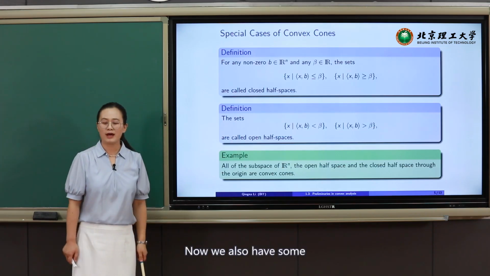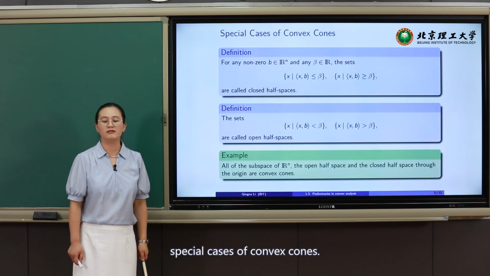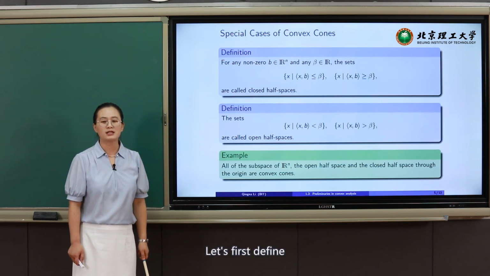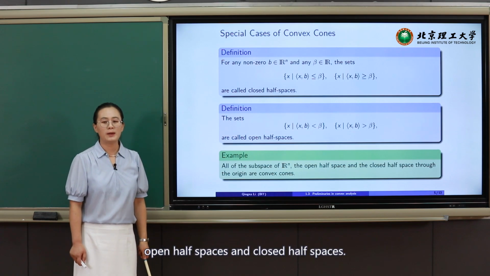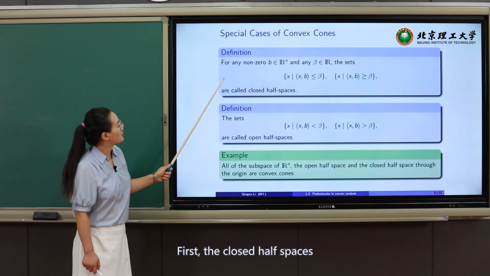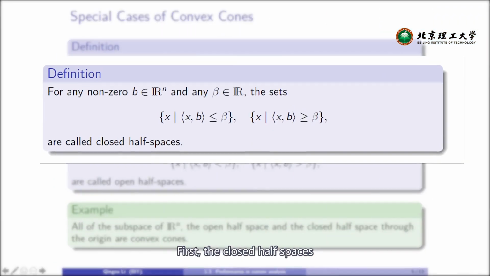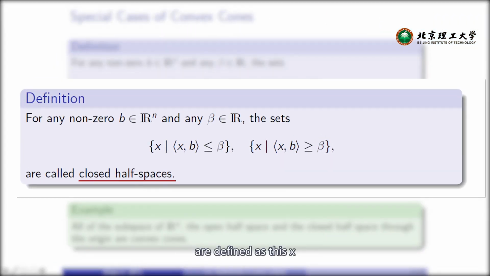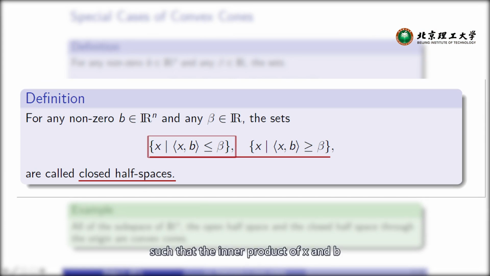Now, we also have some special cases of convex cones. Let's first define open half spaces and closed half spaces. First, the closed half spaces are defined as the x such that the inner product of x and b is not greater than beta. These sets will be half spaces.